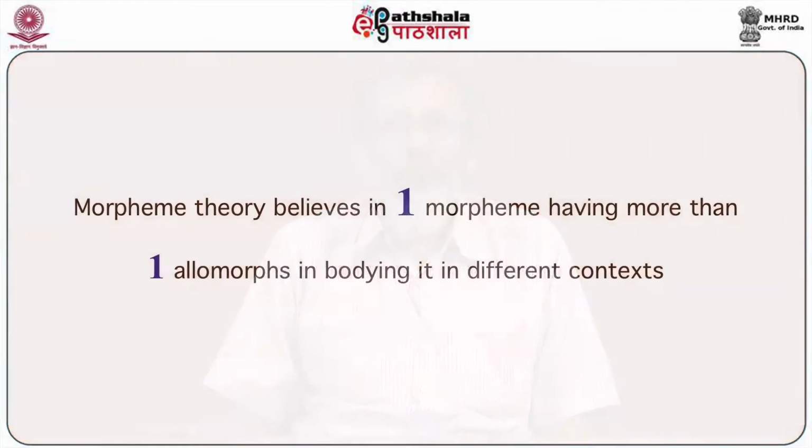To answer that question, it is easiest to use the morpheme theory because their terminology in this respect is very straightforward. As you know, the morpheme theory believes in one morpheme having more than one allomorph embodying it in different contexts. In other words, there is variation in the shape of a morpheme.